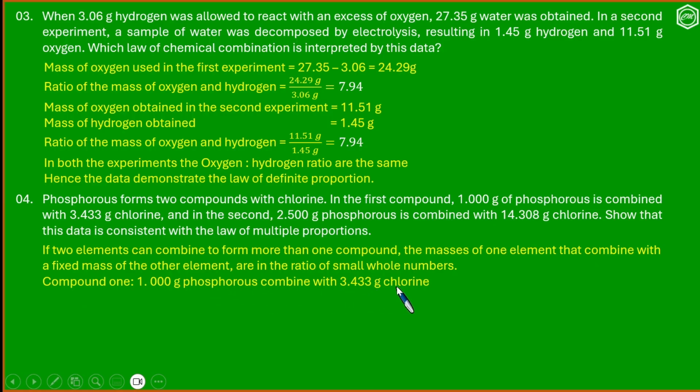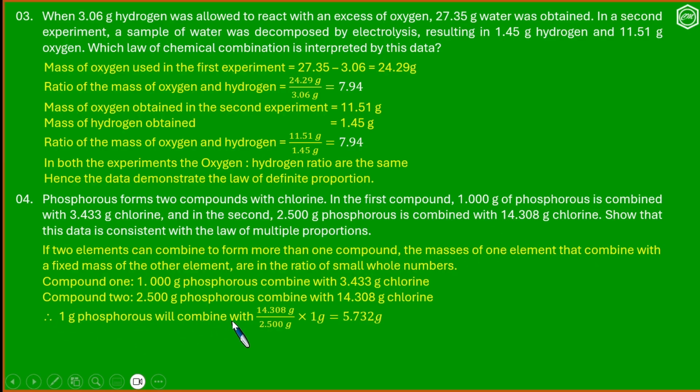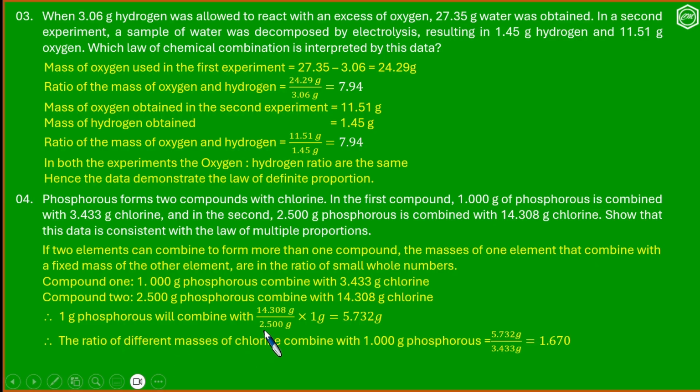3.433 gram chlorine. But in the second one, 2.5 gram phosphorus combines with 14.308 gram chlorine. Therefore, 1 gram phosphorus will combine with 14.308 by 2.5 into 1, that is 5.732 gram. So in these two compounds, the different masses of chlorine combined with a fixed mass of phosphorus is 3.433 and 5.732.